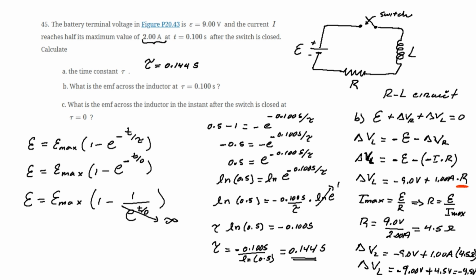So this would be E maximum times 1 minus 0, which equals the E maximum. That is just the electromotive force of the battery, which is 9 volts. So the electromotive force across the inductor in the instant after the switch is closed at time 0 is equal to 9 volts.